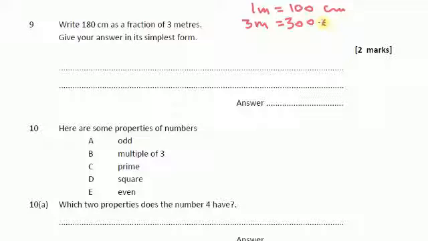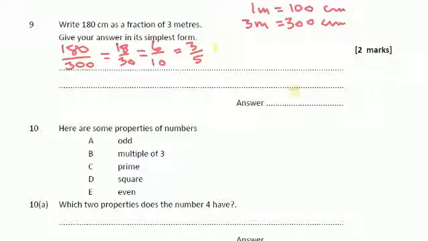So 180 as a fraction of 300 centimeters is going to be 180 over 300. I can cancel by a 0, and I get 18 over 30. Now what goes into both of these? 3 goes into 18 and 3 goes into 30, but also 2 goes into that. 2 into 6 is 3, 2 into 10 is 5, so I've got 3/5 as my fraction in its lowest terms.